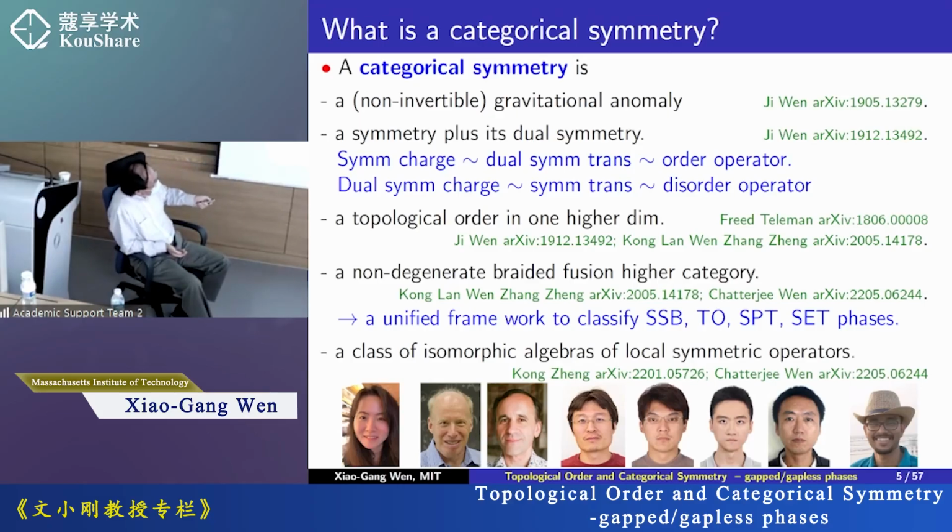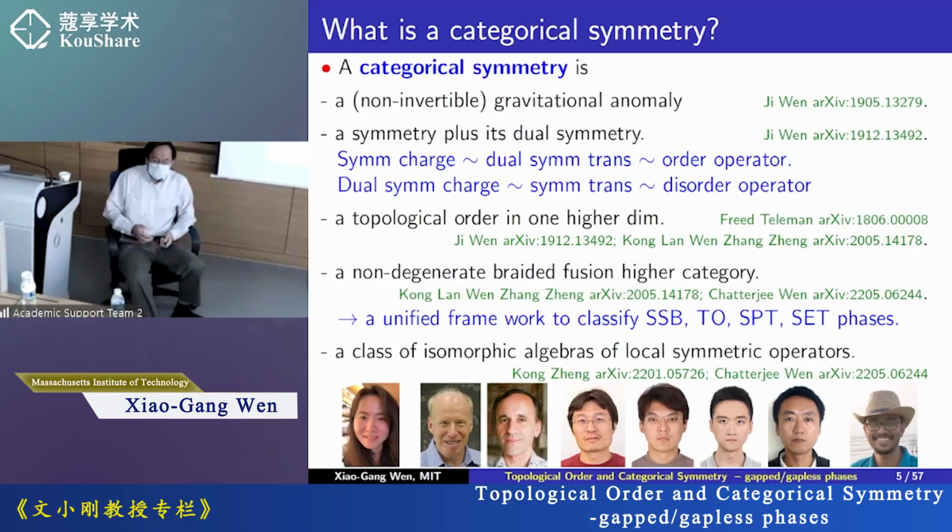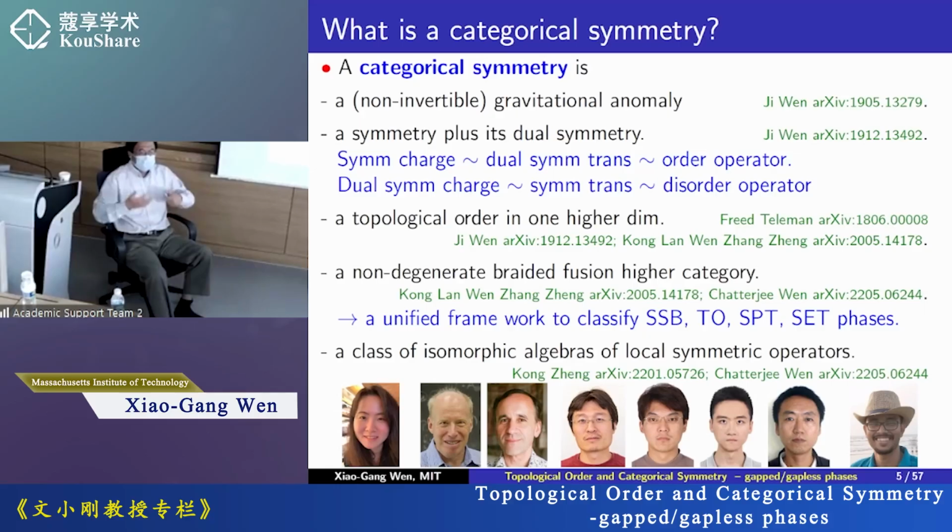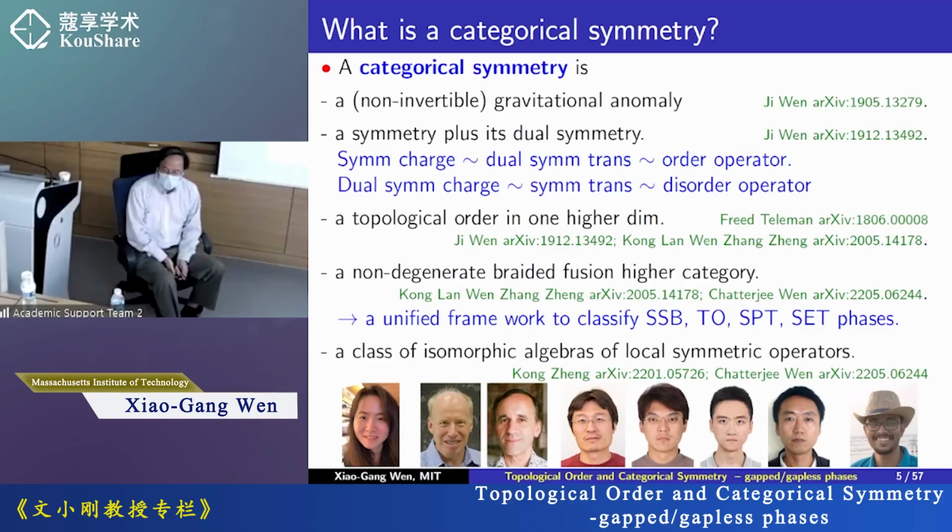And it's also the equivalence class of the algebra of local symmetric operators. I will mostly present this point of view and this point of view, and also this topological order in higher dimension point of view. So there are many different ways to look at categorical symmetry.